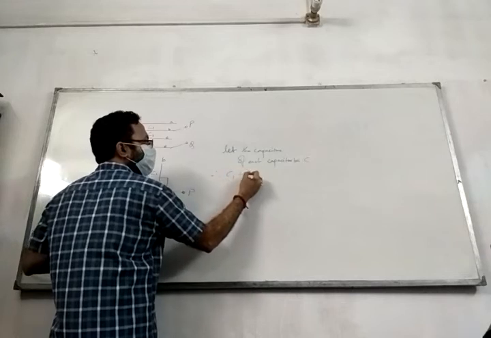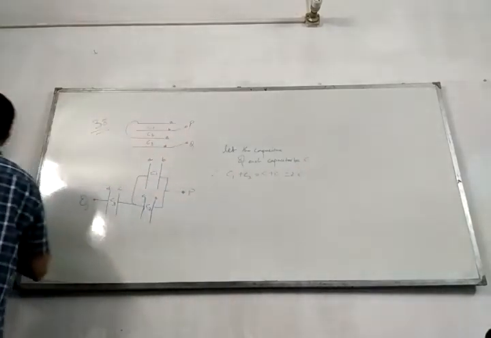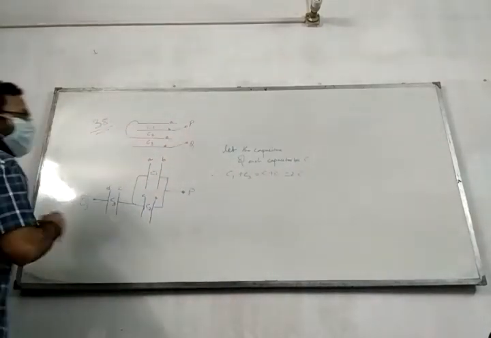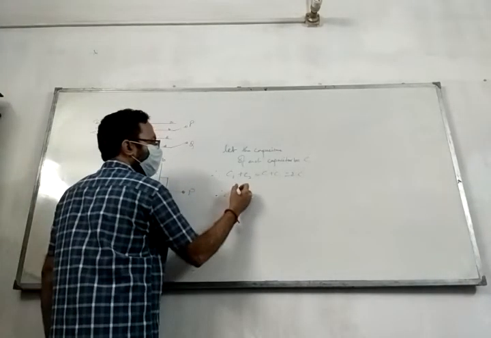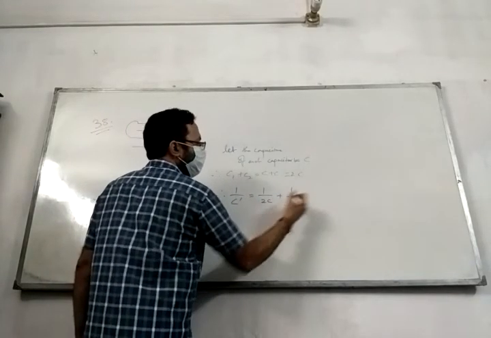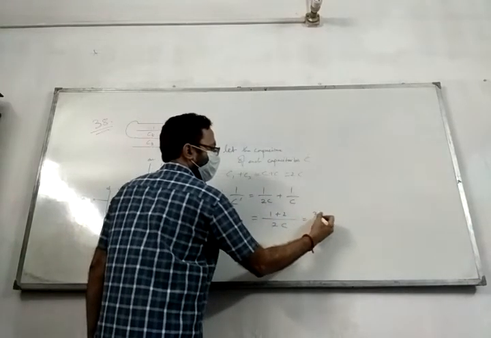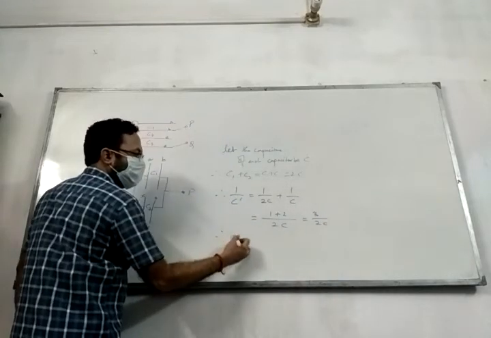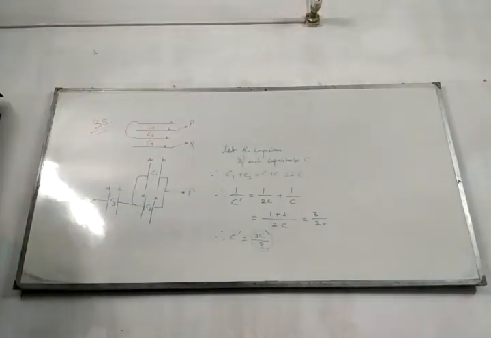Then C1 plus C2 is equal to C plus C, which is 2C, since the two are in parallel connection. With that, C3 is in series. Therefore 1 by C dash is equal to 1 by 2C plus 1 by C. Therefore, C dash is equal to 2C by 3, where C is the capacitance of each capacitor.